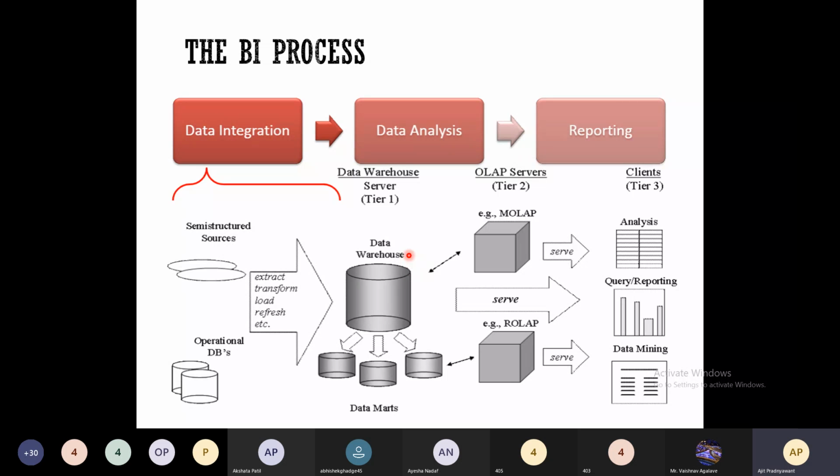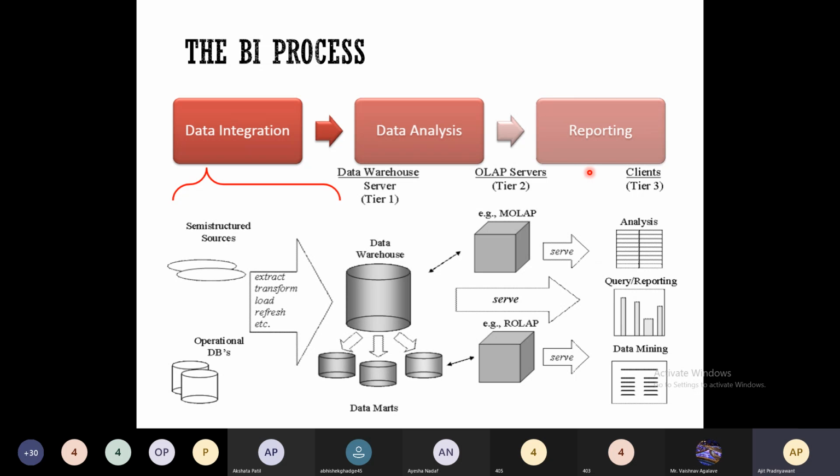And this data warehouse is used by the OLAP servers. That is tier 2. We are familiar with the OLAP system, for example, multidimensional OLAP system, relational OLAP system. This data gets converted into different OLAP types to serve the users.